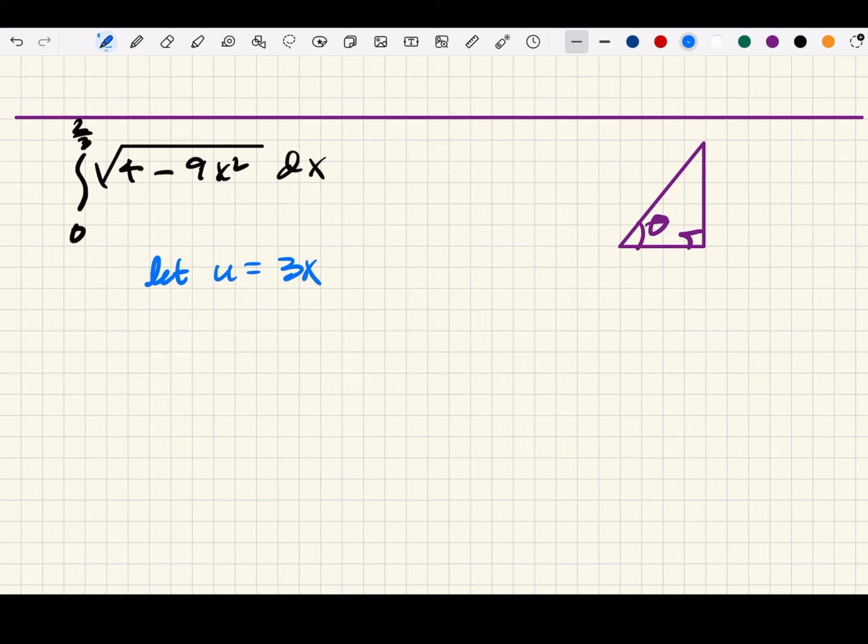Then u square would be 9x squared. Then du would be 3dx, and 1/3 du would be dx.